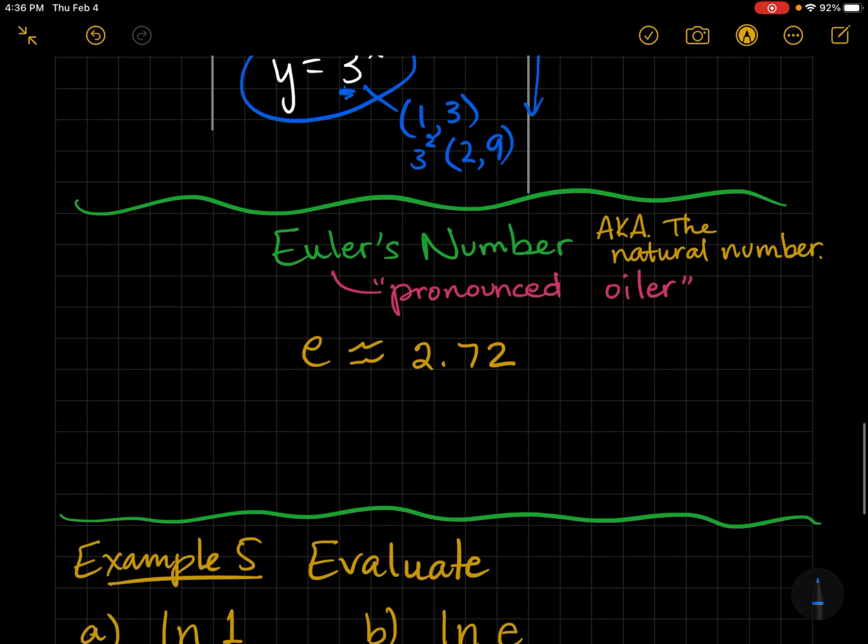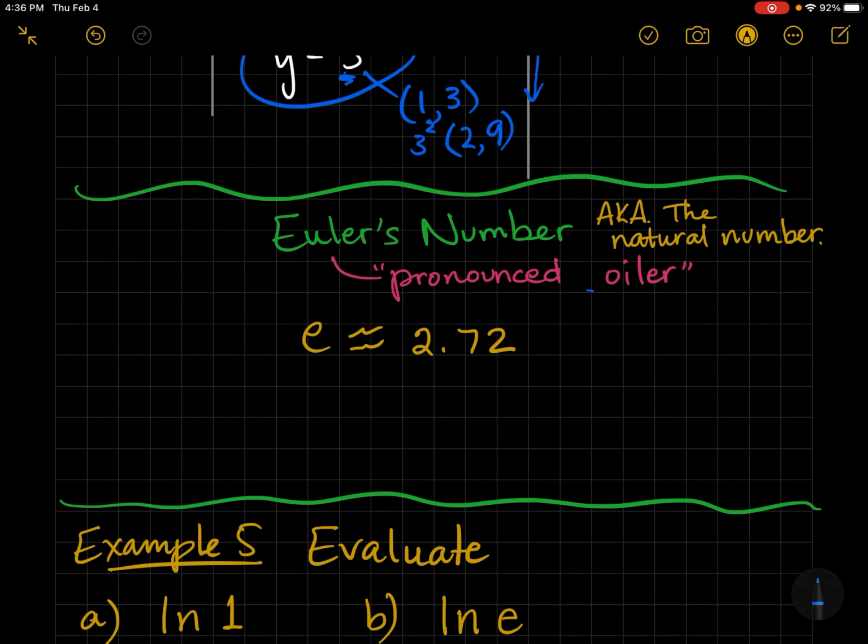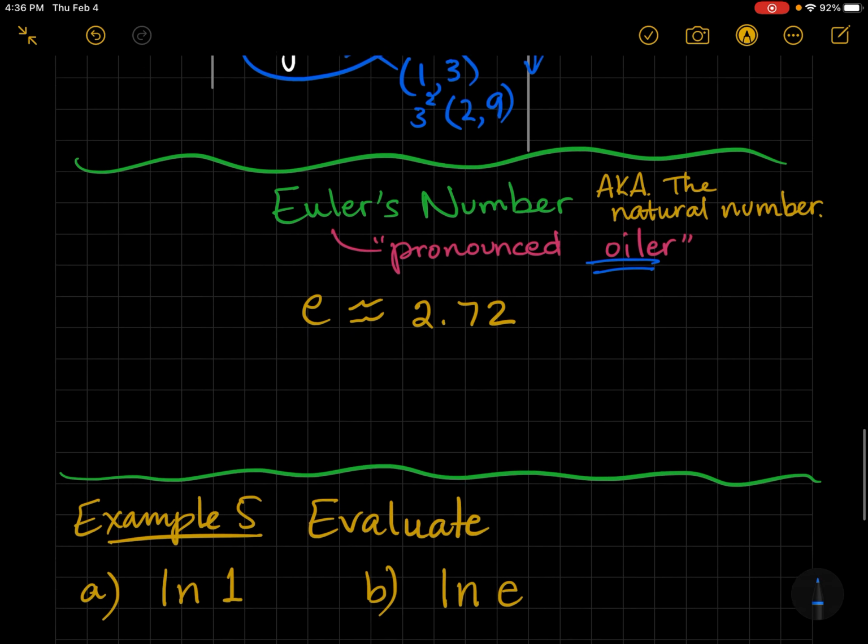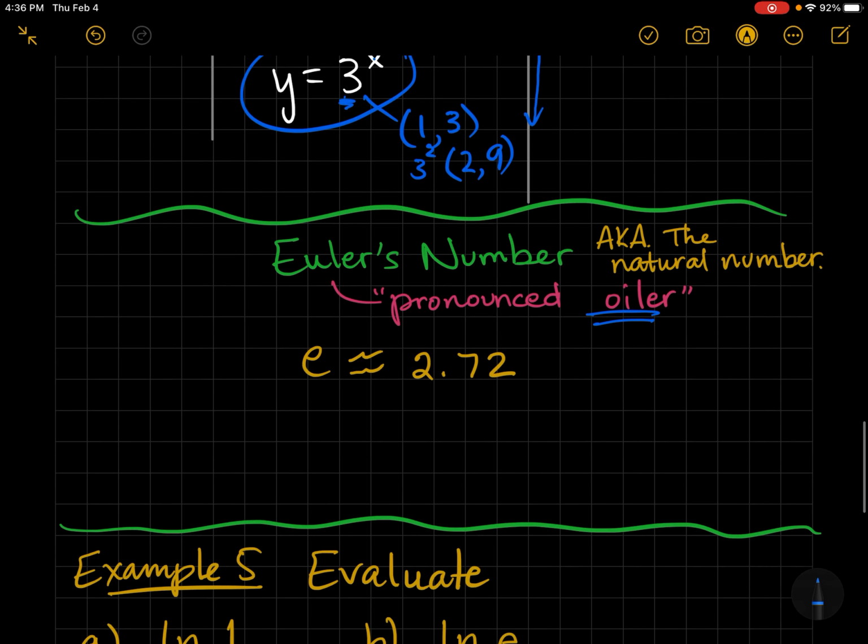Now, I'd like to introduce you to Euler's number. Leonardo Euler was a famous mathematician who discovered lots of different things, but this is probably his most famous.